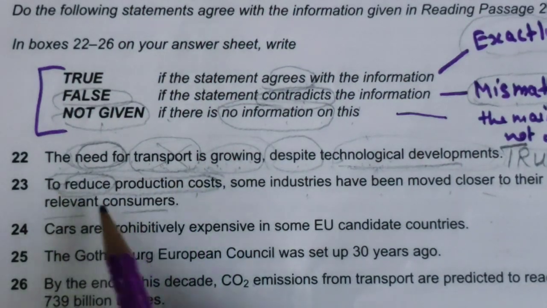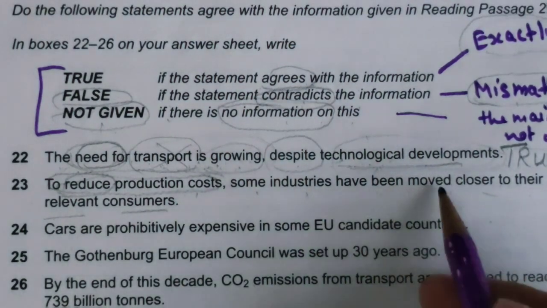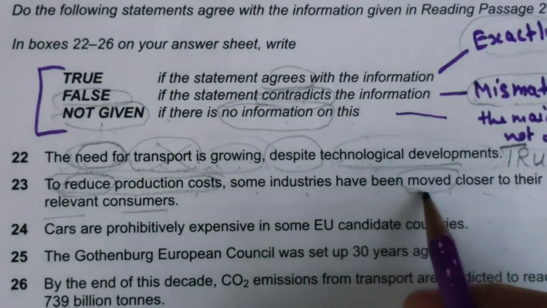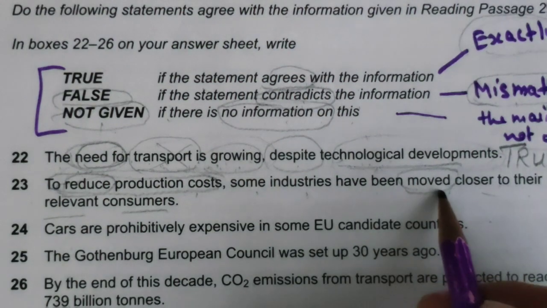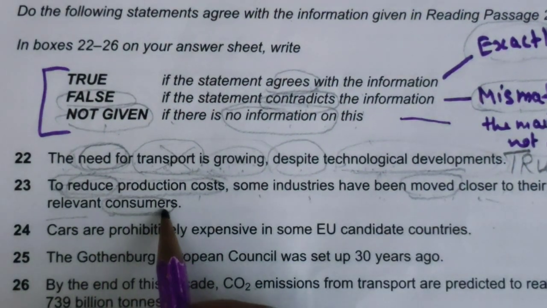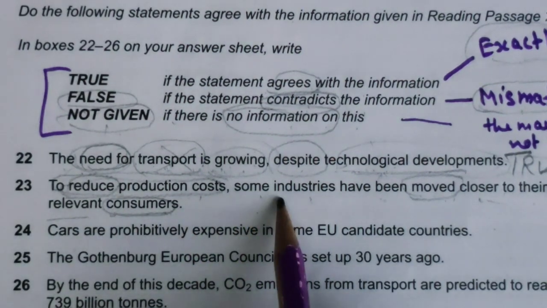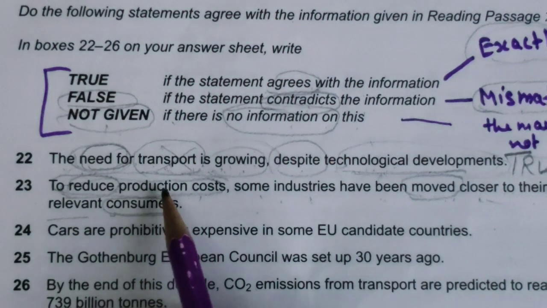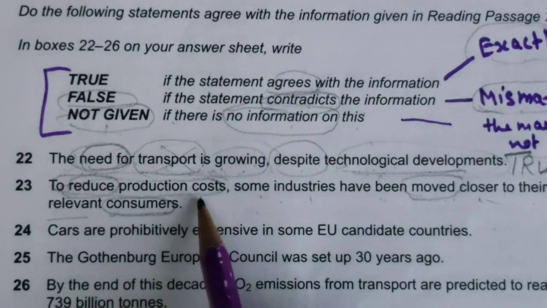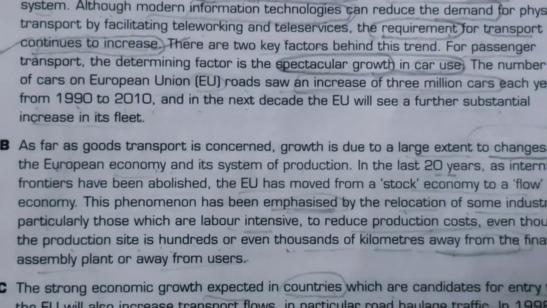Some industries have been moved closer. Moved means the movement, and they must be talking in the paragraph, closer to their relevant consumers or customers. Now they are talking, some industries are trying to reduce production cost. Okay, so let's find it in the B paragraph.